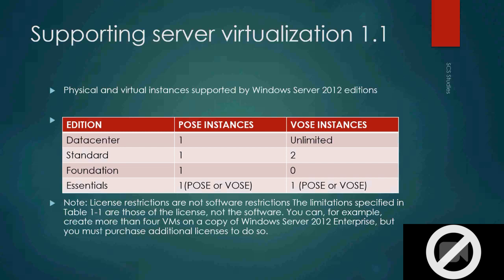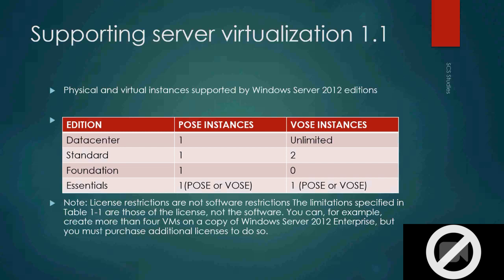Okay, so here I also have a note: license restrictions are not software restrictions. You have to understand this very clearly, that license restrictions are not software restrictions. The limitations specified in this particular table are those of the licenses, not the software.